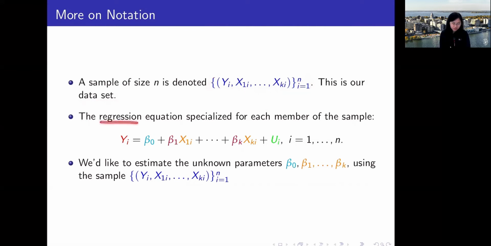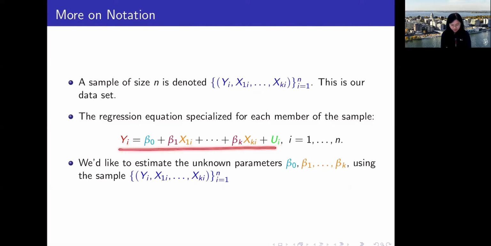The regression equation that we introduced were written in terms of the population random variables, so there were no i subscript. Now, if you specialize the regression equation to each member of the sample, you can add the subscript to the random variables involved.